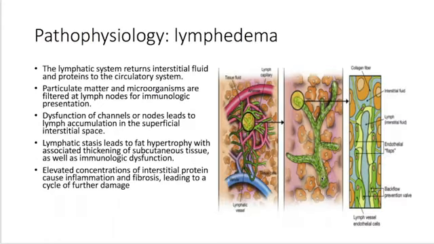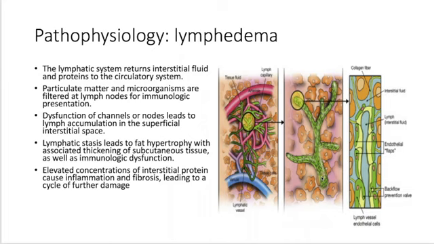The pathophysiology of lymphedema is basically that the lymphatic system is supposed to return interstitial fluid and proteins back into the circulatory system. Particulate matter and microorganisms are filtered, and there's an immunologic response; we just talked about the lymph system. Dysfunction of the channels or nodes leads to lymph accumulation in the superficial interstitial space.